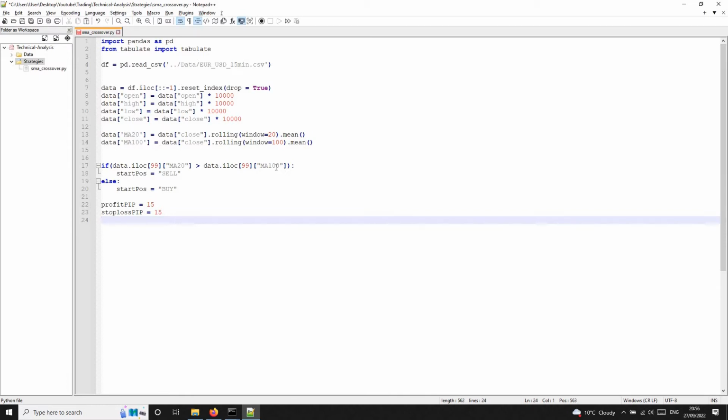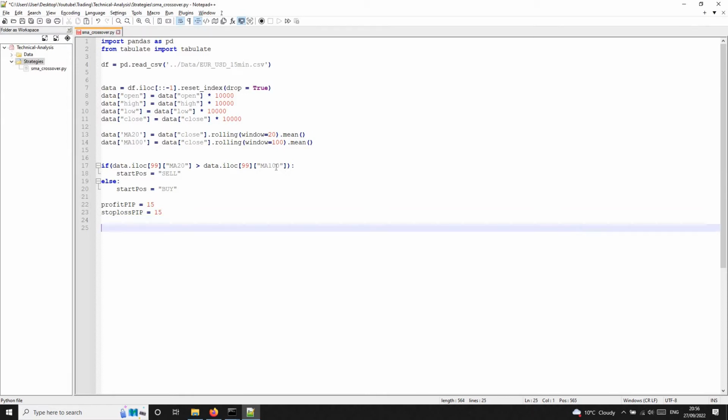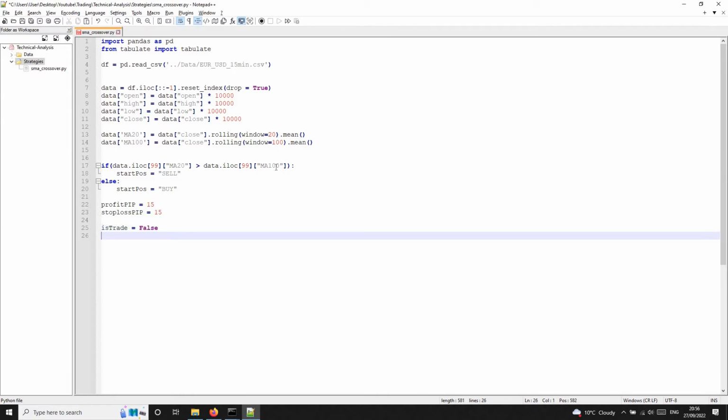So I set that, and now I'm going to set a few variables so that we can populate those. First is trade false, because we haven't taken any trade when we start the analysis. Right now I'm not in a trade.